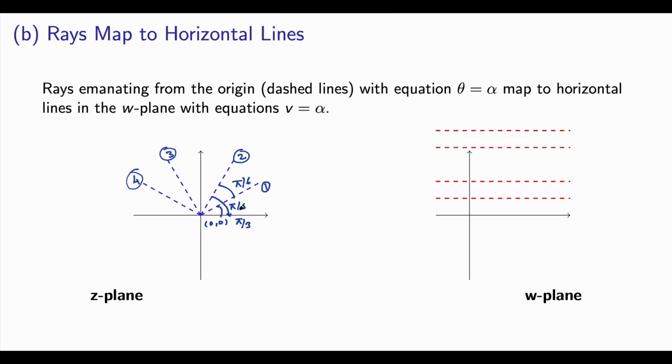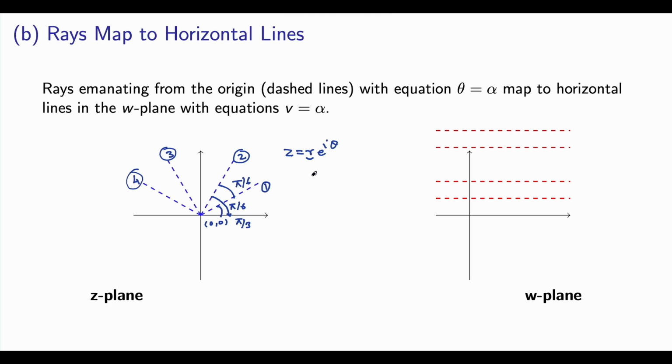These angles are basically your theta, and z equal to r e power i theta, where r is the radius from the origin and theta is the rotation. So these are the lines.